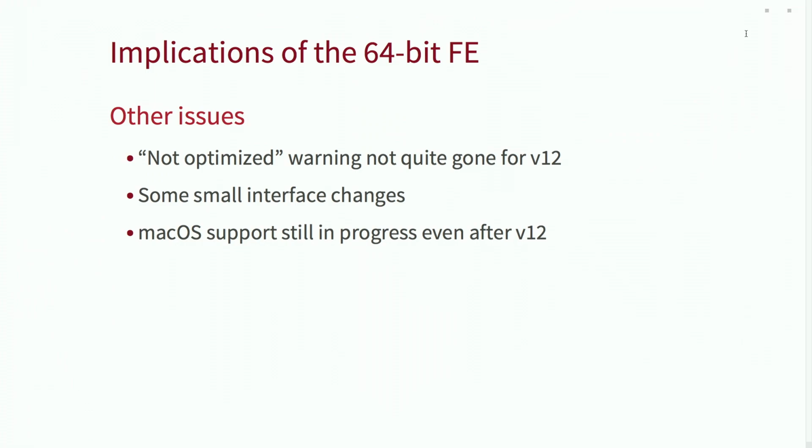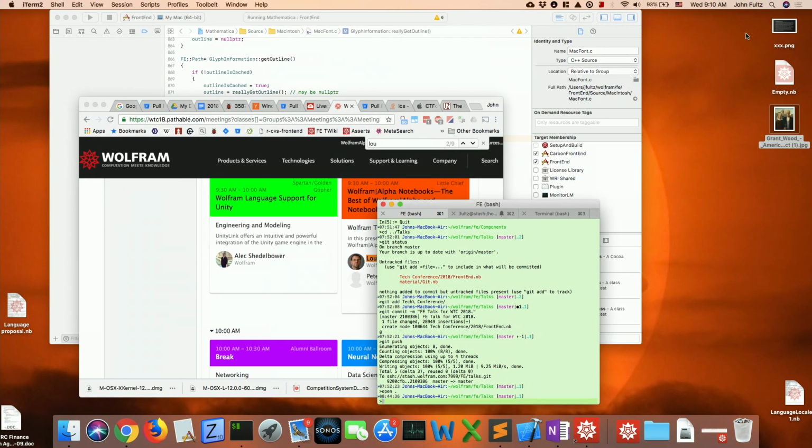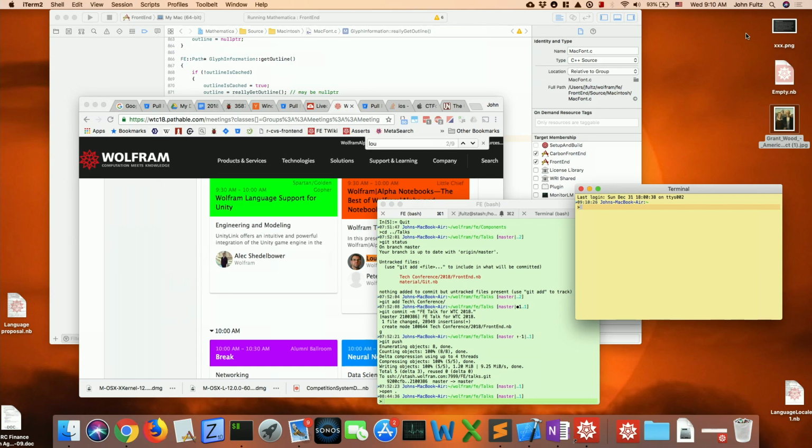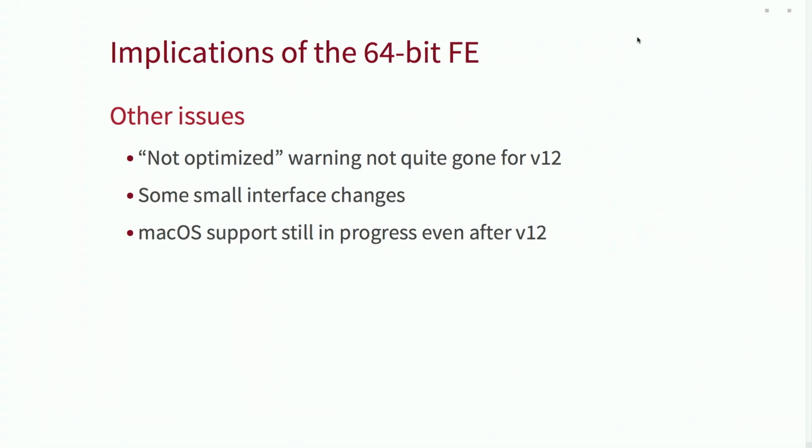So there were some small interface changes. And most of them you won't notice, but we're moving towards being more what one might expect from a native macOS application. The most surprising one I will just call out, which is, there we go.